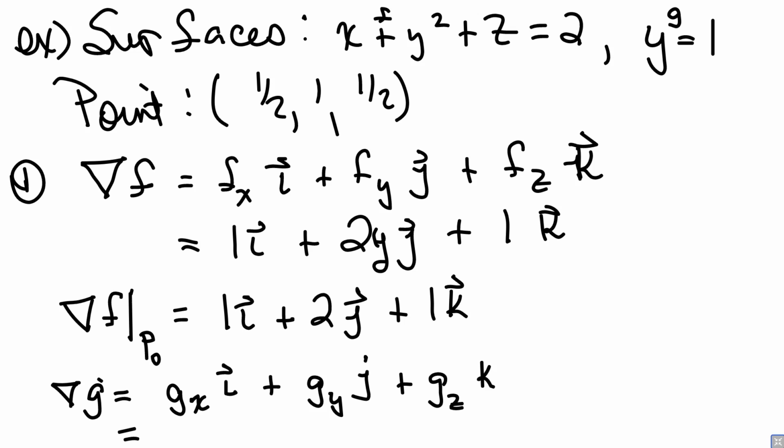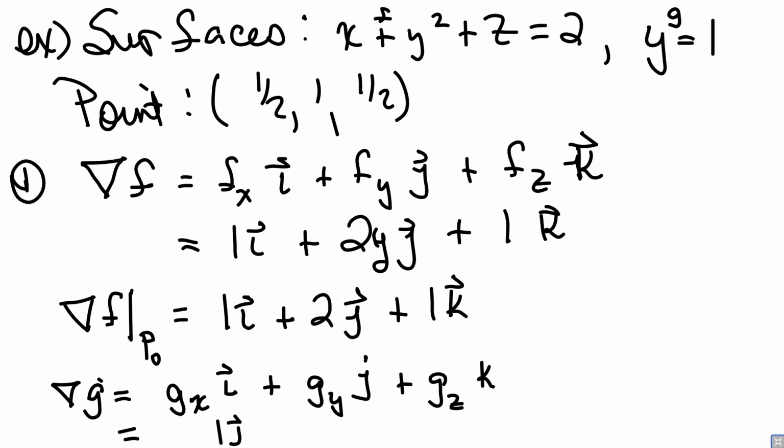So if I do that, what will I end up with for the gradient of g? Right, I'm going to end up with 1 in the j direction.